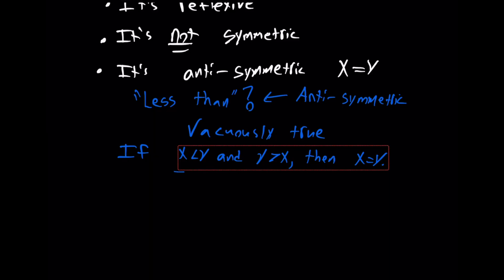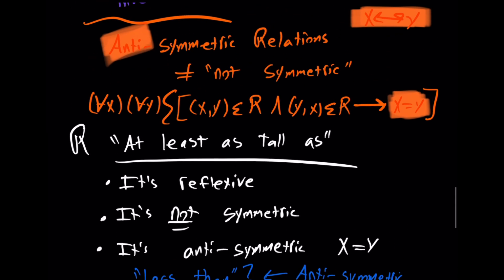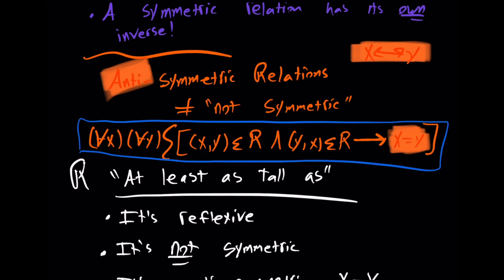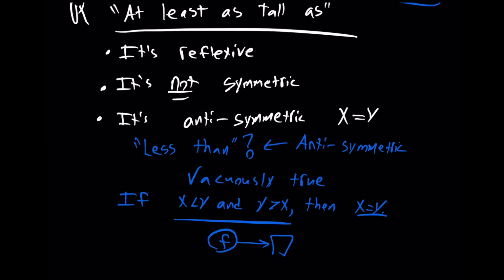But if we have this antecedent as false, then whatever the truth or otherwise of that consequent, it is just defined to be a true conditional. So notice that the definition of an anti-symmetric relationship is this conditional. If this antecedent happens to be false, you just have something that's anti-symmetric. So even less than is anti-symmetric.